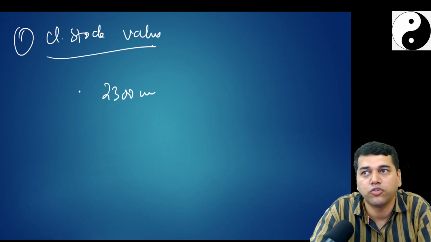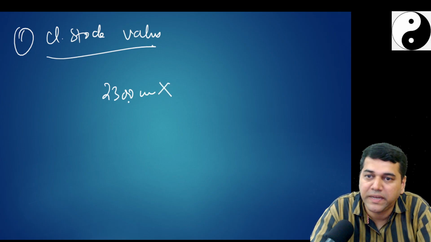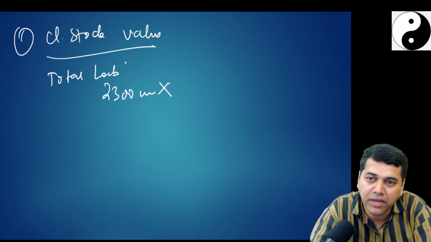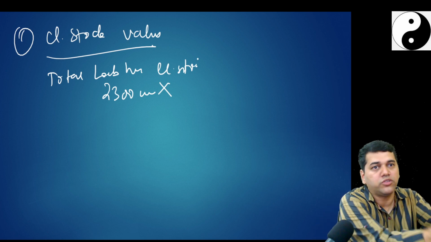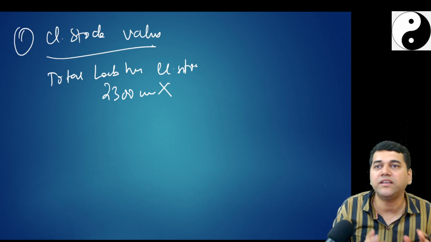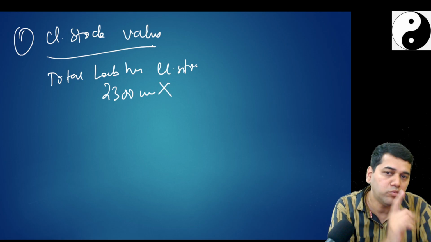My allocation is going to happen based on what? Labor hours. So how many labor hours did I spend to manufacture this? So I'll write the heading total labor hours for the closing stock. If I have got 2300 units at the end of the year, to do this I have some labor intensive work, material cost and all immaterial there. How many hours have I spent?